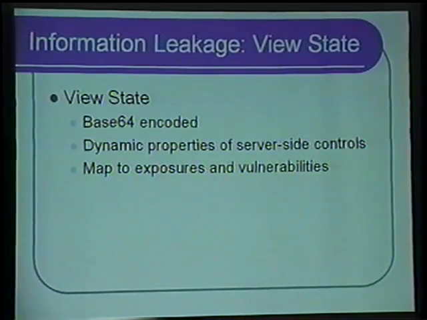So the properties that change in code dynamically will be propagated to the client in a base64 string inside the view state. If you right-click on a .NET page, go to View Source, and scroll down, it's right there. View state, base64 encoded.